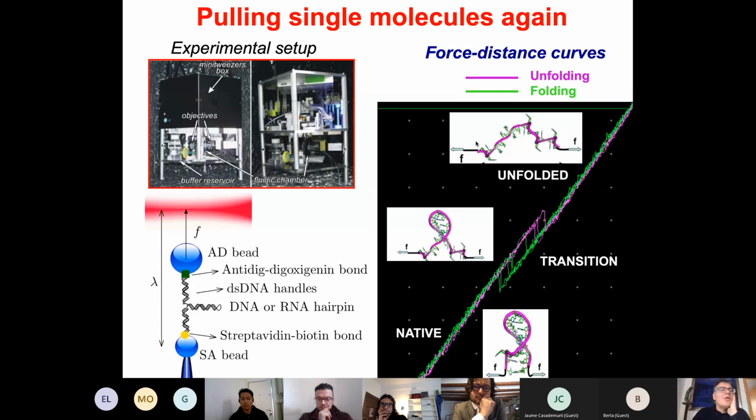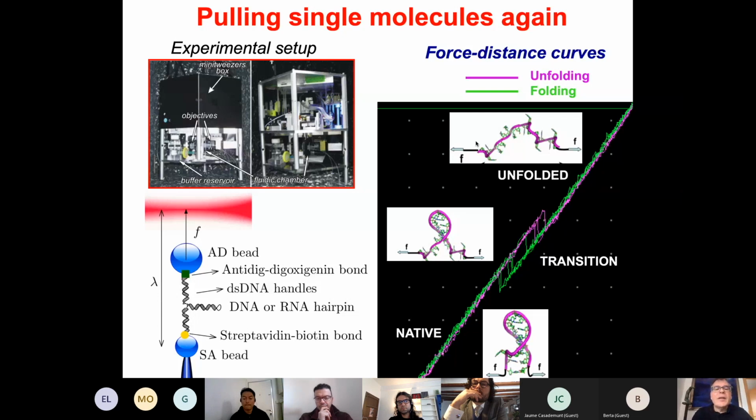When you relax, when you retract the position of the optical trap to reach the original position, you move the optical trap downwards, and this is the red. Now, what determines the reversibility of this curve is the speed at which you move. If you move very fast, then you would see that there is a difference between the black and the red.